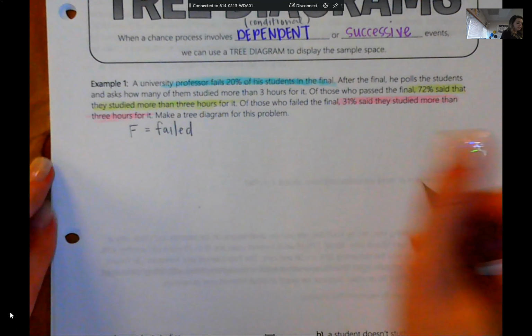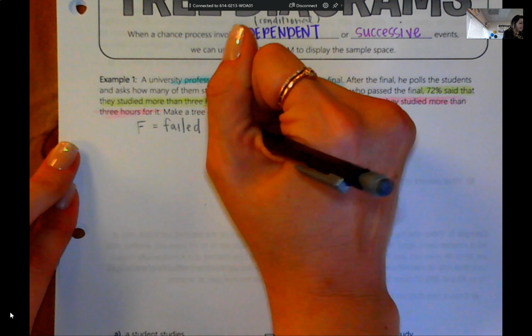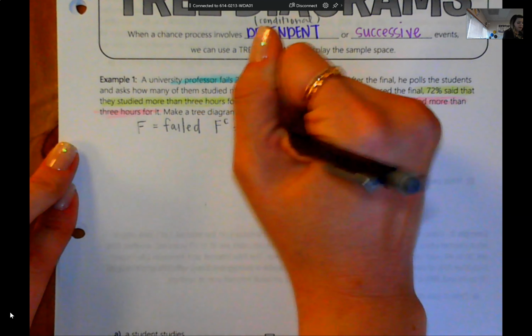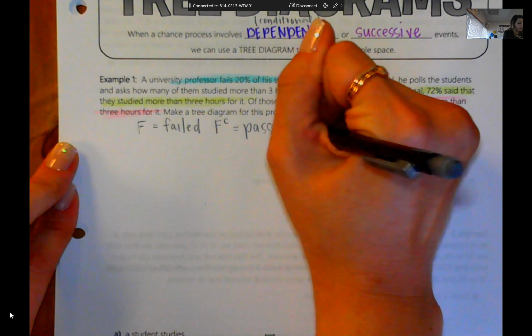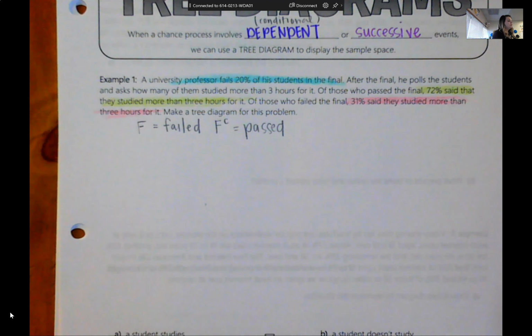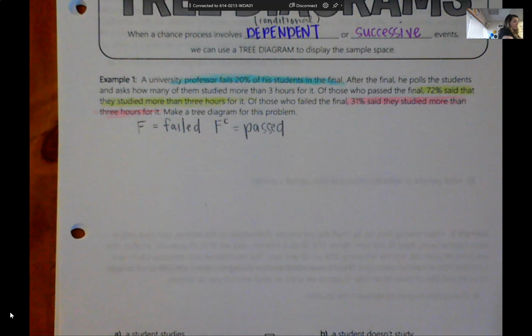Now, for this example, I'm going to use F complement for pass. If you want to use the letter P, then use the letter P. If you think that that's going to help you keep track of your probabilities better, then you should use the letter P instead of F complement. So far, so good? Yes, no?